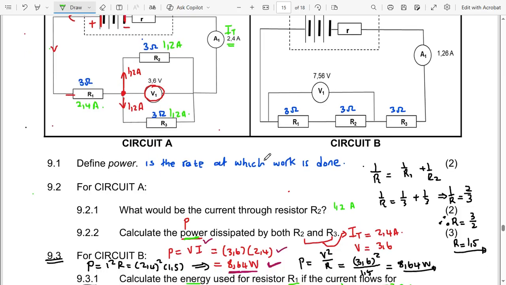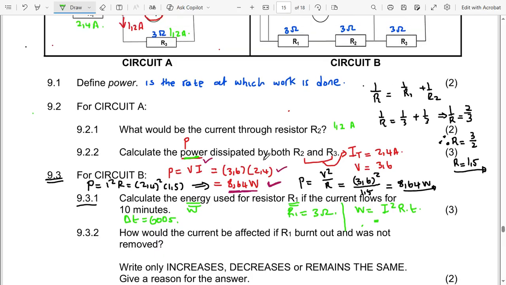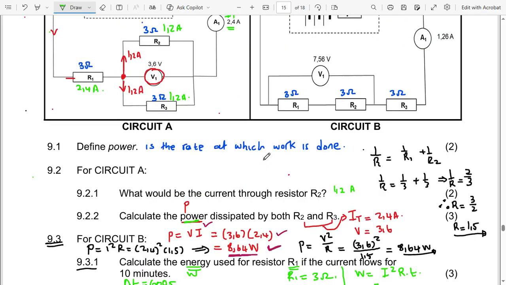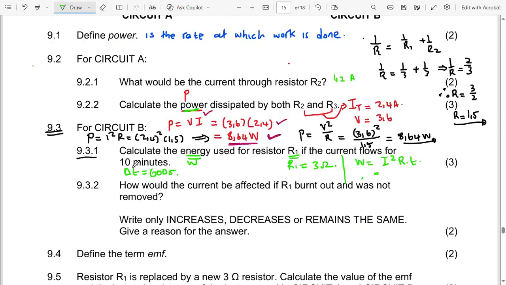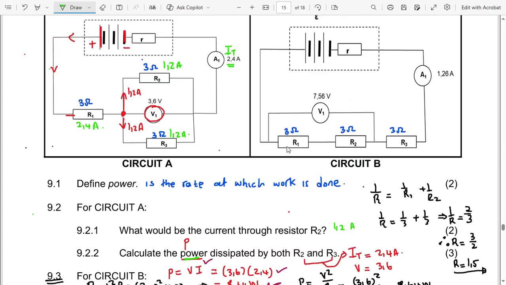What was the question? Calculate the energy used for R1. I know that for R1 the resistance is 3. And what is the current? Oh, guys, I'm so sorry. We are on circuit B. I can see that we are on circuit B. So R1 is this one.